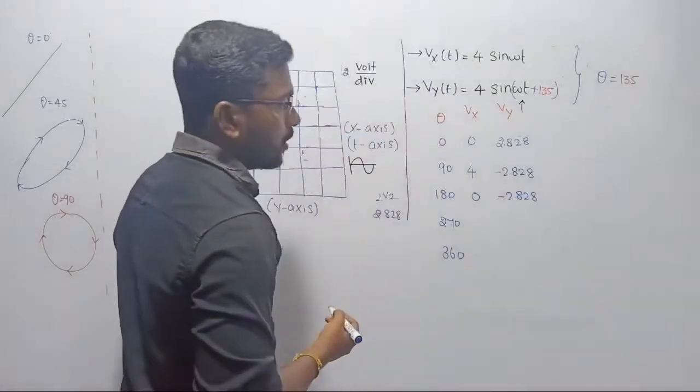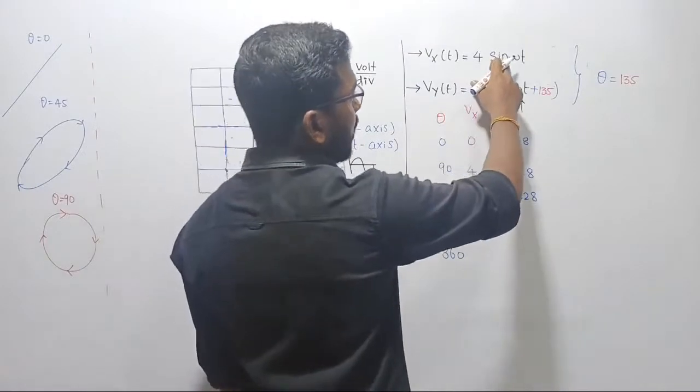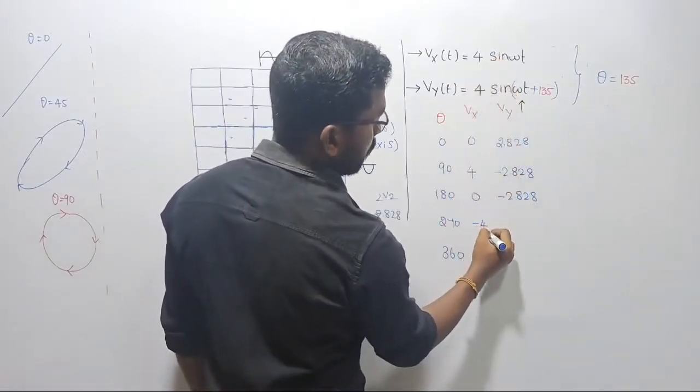There is no doubt. Let us consider 270. Sin 270 is minus 1, minus 1 into 4 is minus 4.